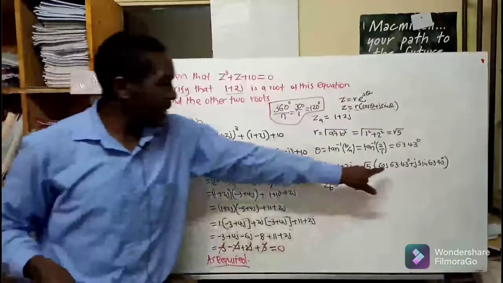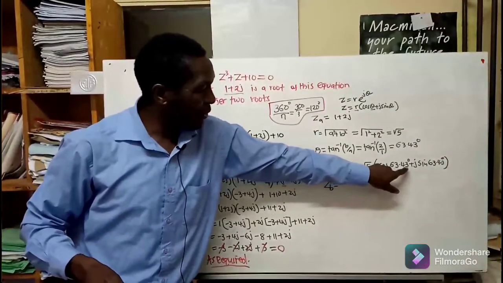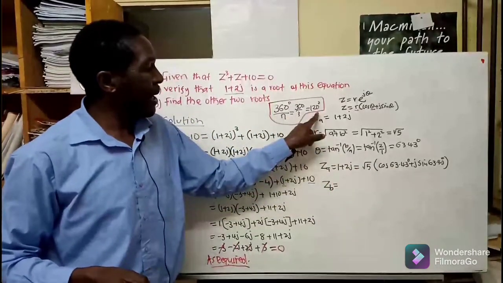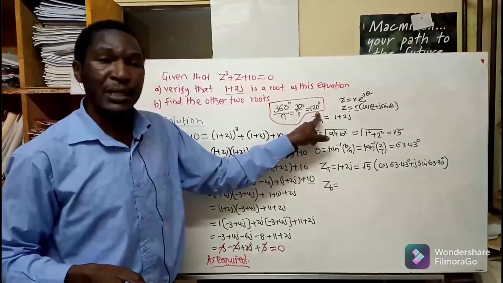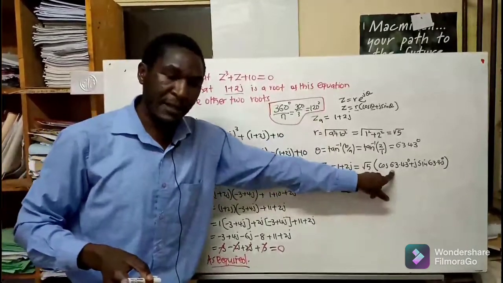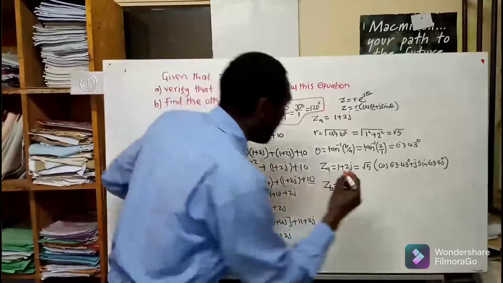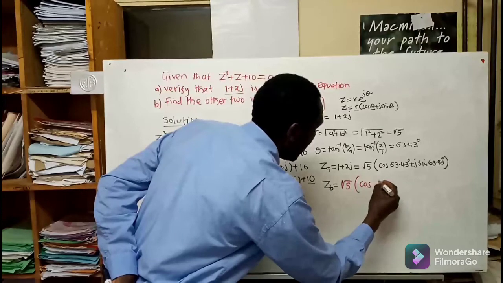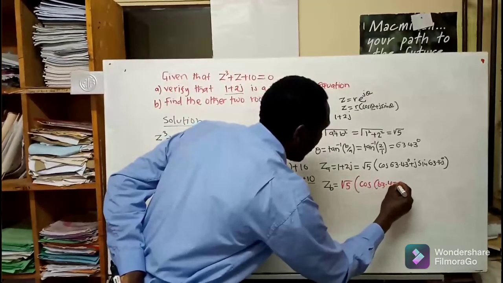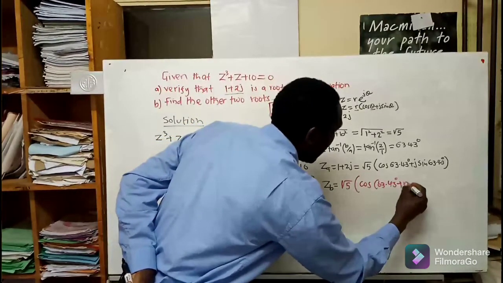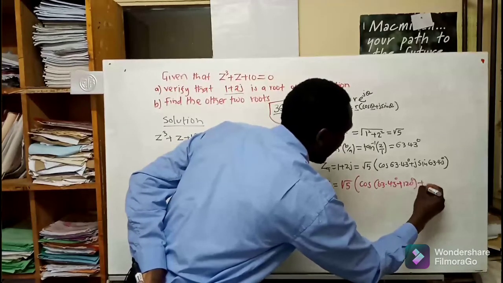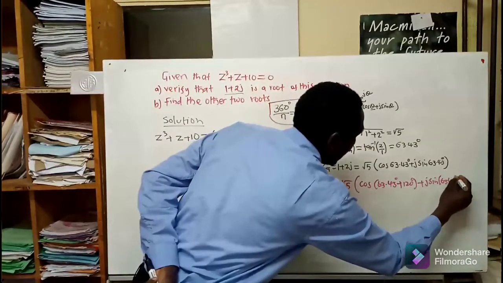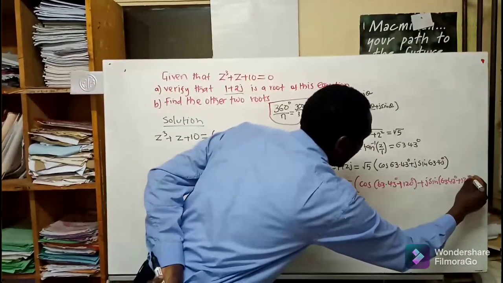The first one is at 63.43. The next one will be the same size at a separation of 120 degrees from the first. So the second one is going to be the same magnitude but cosine of 63.43 degrees add 120 degrees plus j, the sine of 63.43 degrees add 120 degrees.